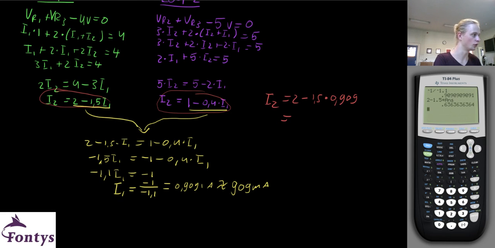And you get the value for I2, which is 0.636 amps, or 636 milliamps. And that's how you solve an equation like this using algebra.